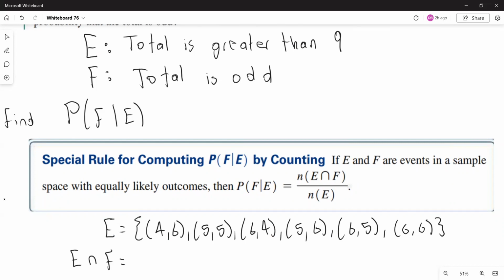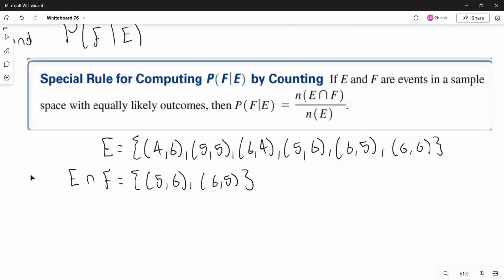And E and F, that is the number of ways that the total is greater than 9 and an odd number. There's only one number greater than 9 when you roll 2 dice that is odd, and in this case, it's 11. So now we can compute the conditional probability.